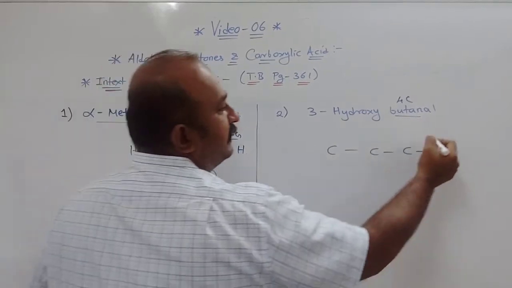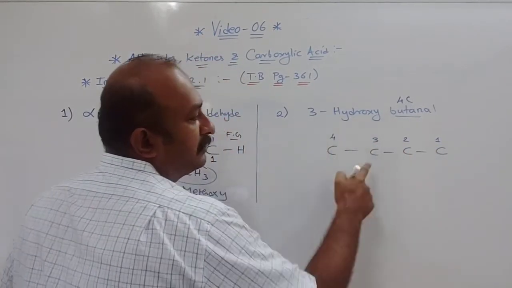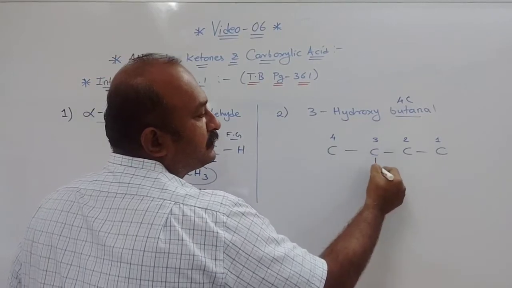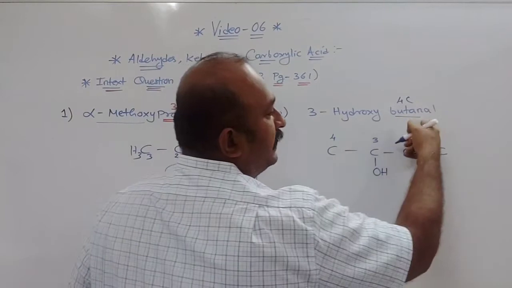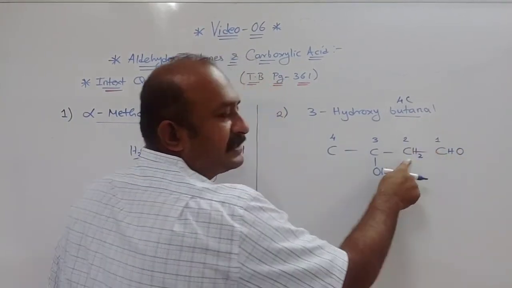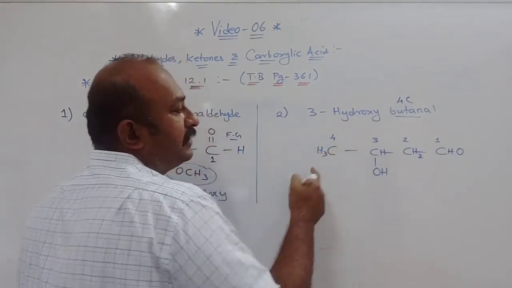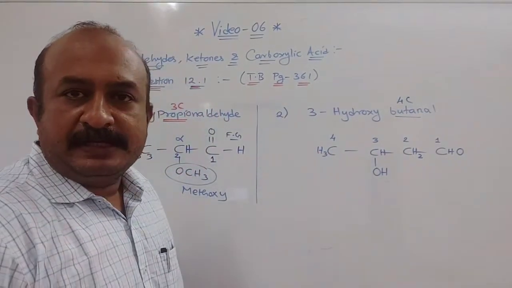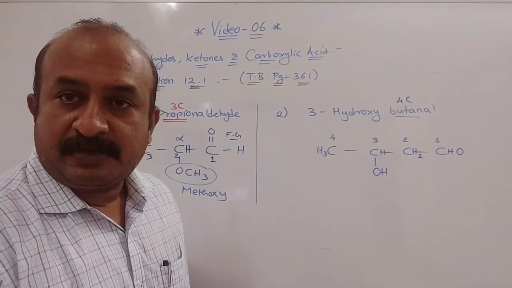Suppose I take this as first, second, third, and this is the 4th carbon. So at the third position hydroxy, hydroxy means OH group. Understood? Here butanal means this carbon I will write as CHO. This valency I will satisfy with 2 hydrogens, here only 1 hydrogen, and here 3. So this is the structure for the second name that is given.